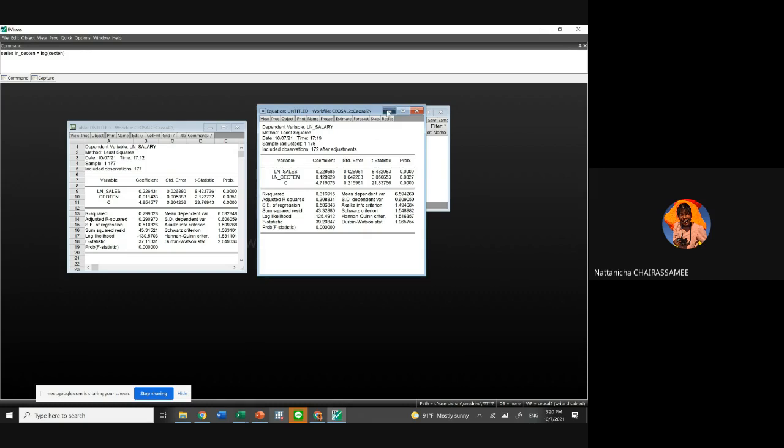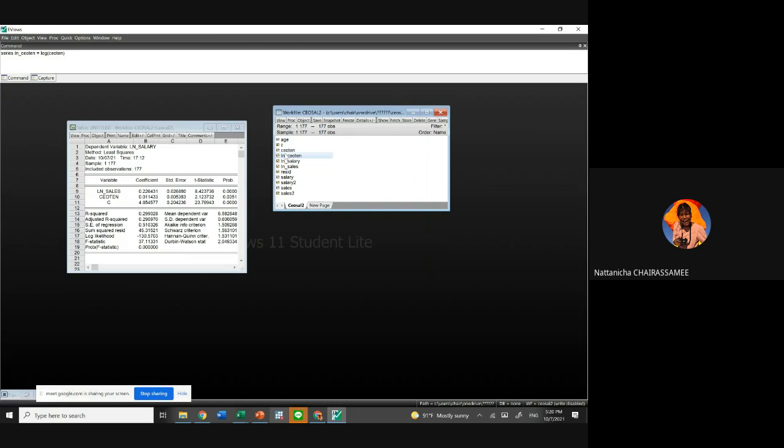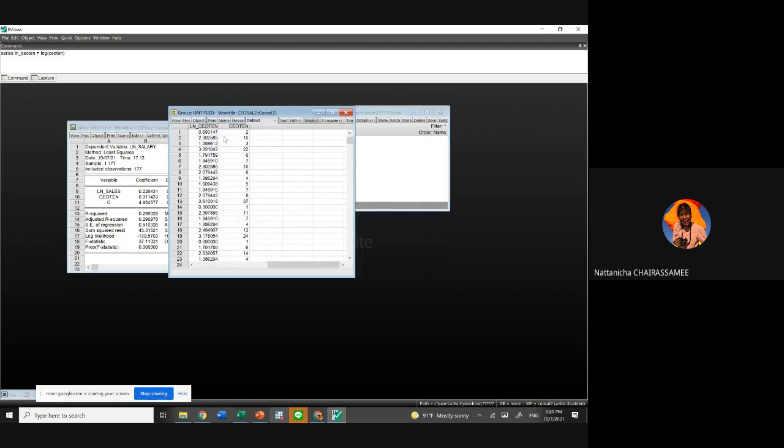Why did this happen? Let me open it together. The second column is the original form of CEO tenure, and the first column is the CEO tenure in natural log form. So you can see that there is some missing data in there. When you take the natural log of zero values, you cannot find the log form of it.